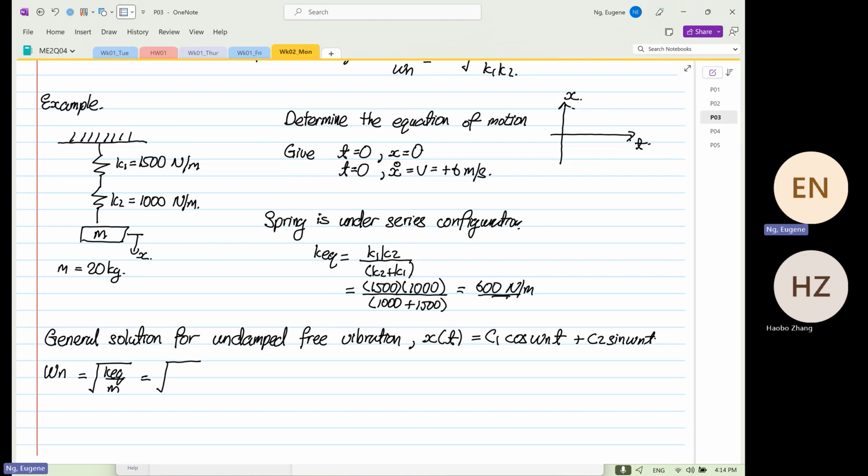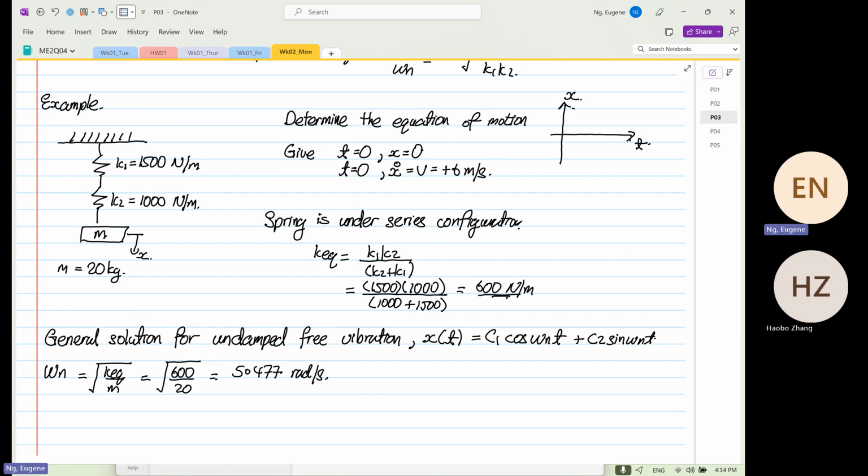Our K equivalent, which we have found, is 600 divided by the mass of 20. The square root of the whole thing is 5.477 radians per second.